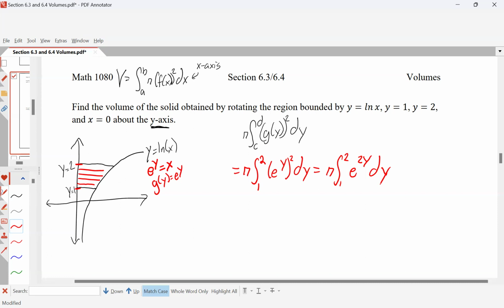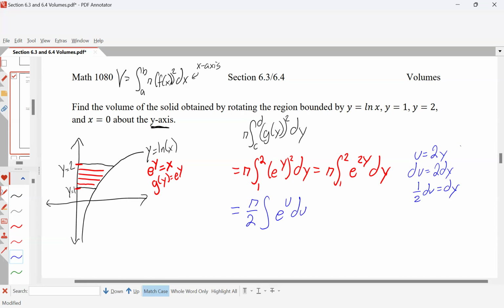Now, a quick u-substitution says that if we make u equal 2y and du equal 2 dy, or 1/2 du equals dy, this integral becomes pi over 2 times the integral of e to the u du.